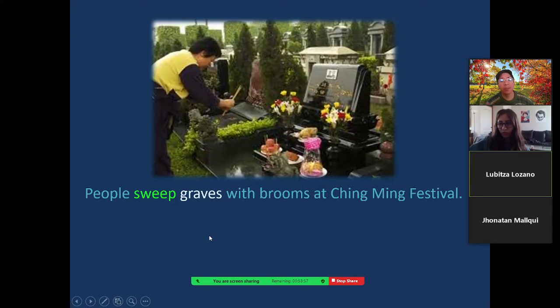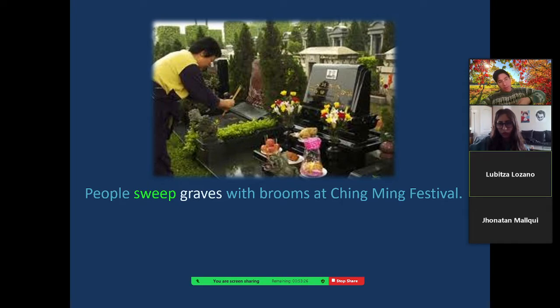People sweep grapes with brooms at Chiang Mai Festival. Grapes... I don't know sweep. What does sweep mean, teacher? Sweep is when you use a brush broom, and this is mop.